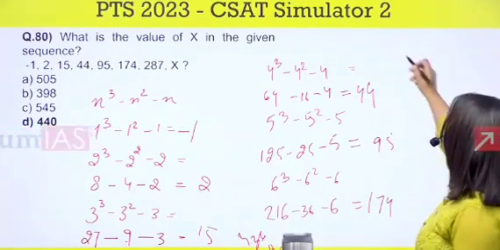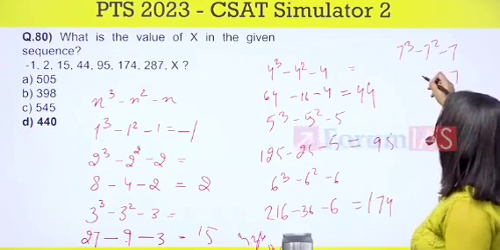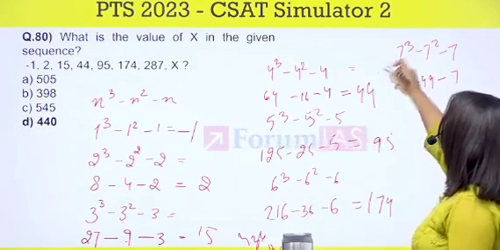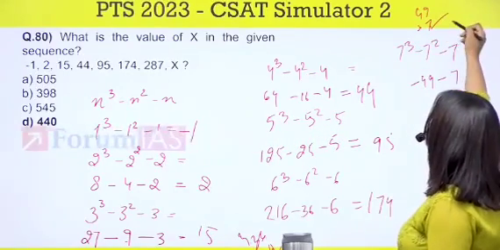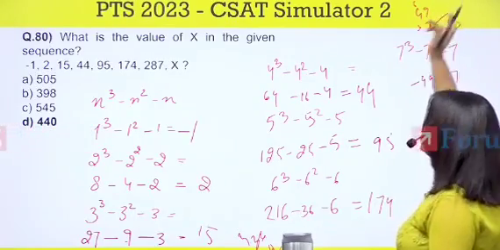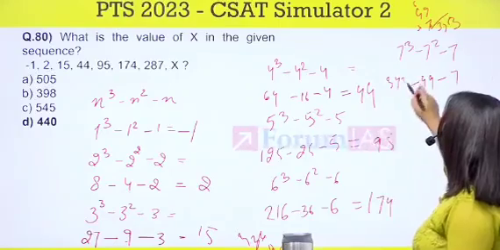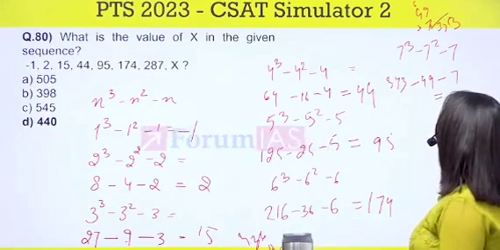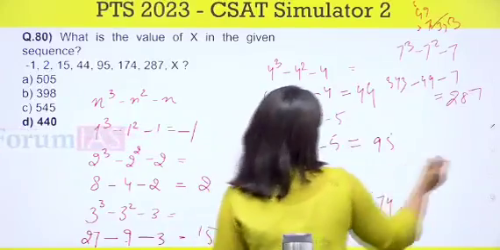Then I have to do for 7: 7 cube minus 7 square minus 7. 7 cube is 49 into 7, which is 343. Subtract 49 and 7, and what do you get? 287. What is left? I have to do for 8 now.